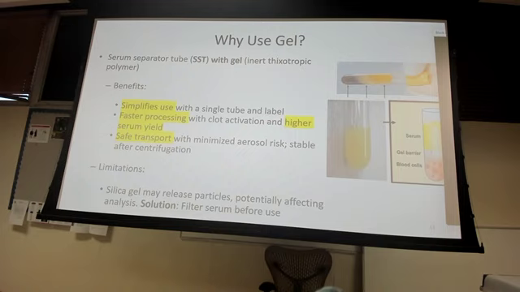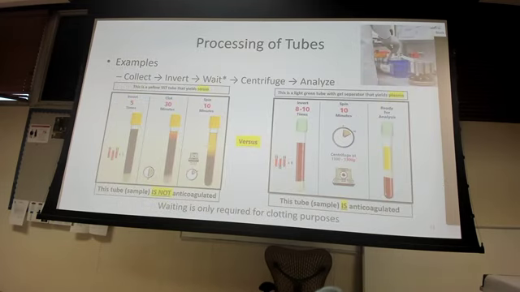Depending on whether you have a tube that has anticoagulant in it versus non-anticoagulant, that will determine which type of test you will run on that tube. So here's just an example. You collect first. You want to invert about 5 times. This is the one off to your left that doesn't have anticoagulant in it.